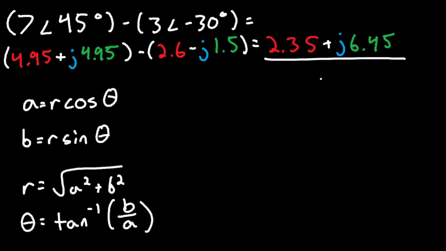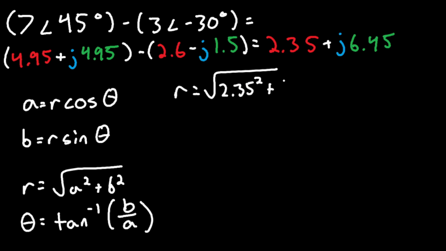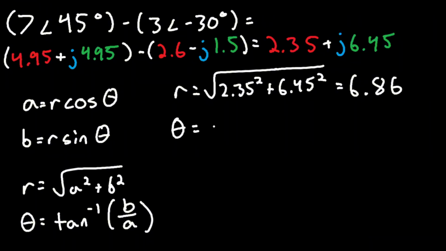All right, once we have this, we need to turn this back into polar. So r is equal to the square root of 2.35 squared plus 6.45 squared. And once you evaluate this, you should get 6.86. So theta is simply the inverse tangent of b over a.